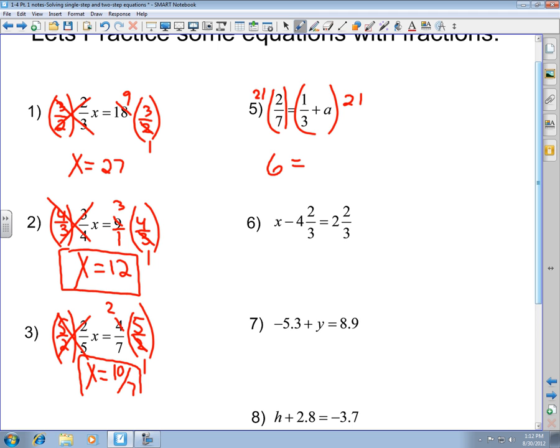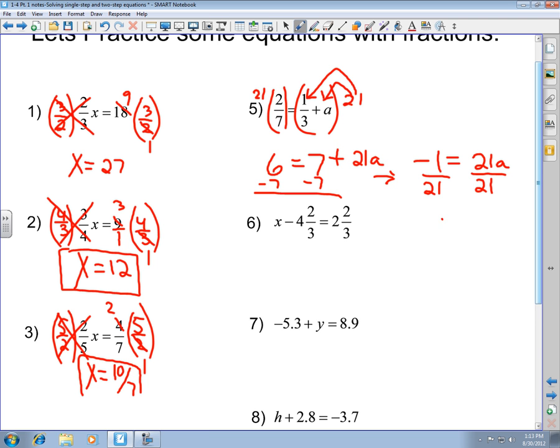Here I have to use the distributive property. 21 divided by 3 is 7, plus 21a. Subtract the 7 from both sides. So that's going to give me negative 1 equals 21a. 21 times a, they're being multiplied. So how do we cancel multiplication? With division, divide by 21. A equals negative 1 over 21. So either way works for me.